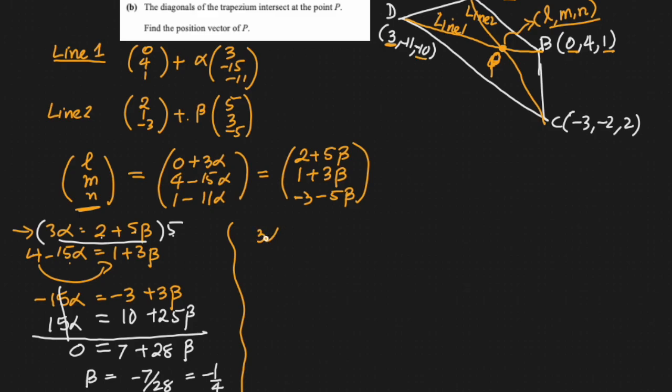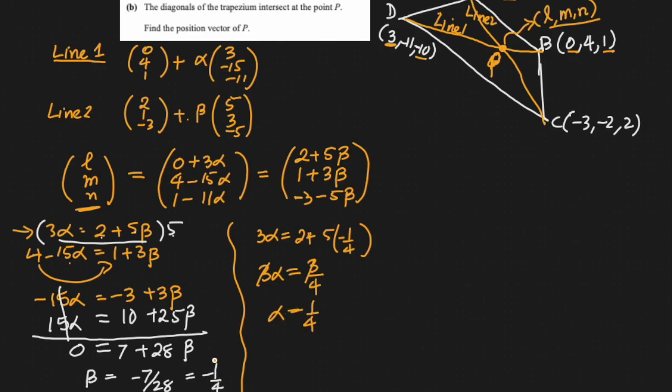So 3 alpha is equal to 2 plus 5 times minus 1/4. So it becomes 8 minus 5, 8 minus 5 is 3. So 3 alpha is equal to 3 over 4. And 3 and 3 cancel. Alpha is equal to 1 over 4.